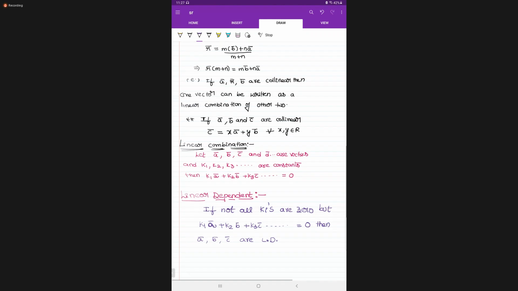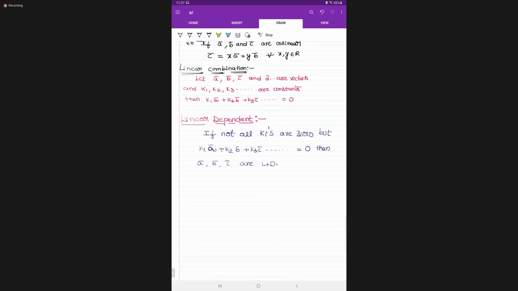Next, linear independent. If K1 A bar, K2 B bar, K3 C bar is equal to 0, then K1 is equal to K2 is equal to K3 is equal to 0.